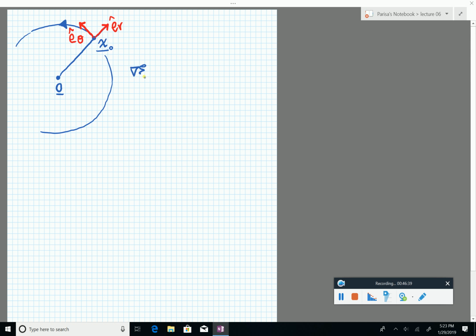So the gradient of the first coordinate is just the first unit vector, and the second one is just 1/r times the second unit vector. And E_r and E_theta, they are orthonormal, as you can see here.